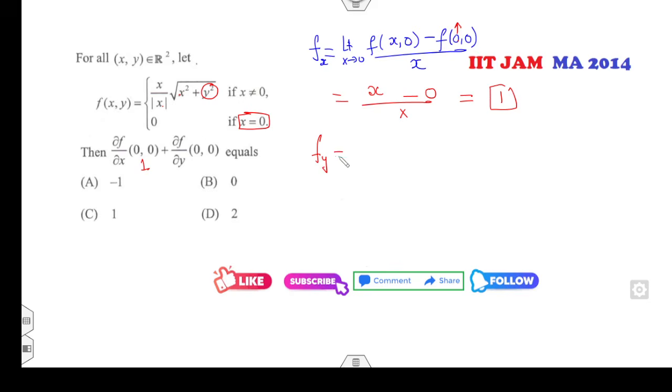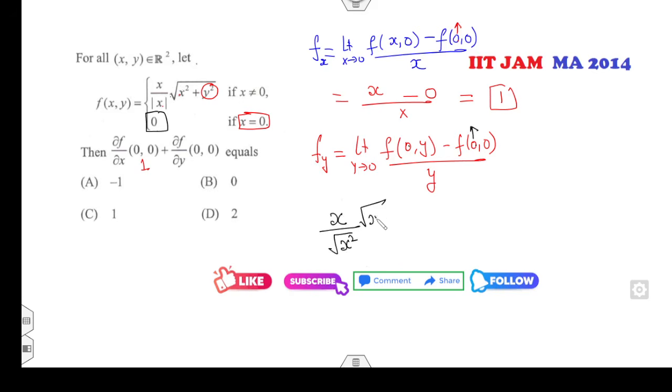What is fy? fy is the limit as y approaches 0 of f of 0 comma y minus f of 0 comma 0 divided by y. Again, x is 0, and whenever x is 0 the function value is 0. Why? I can write the denominator as root x square.